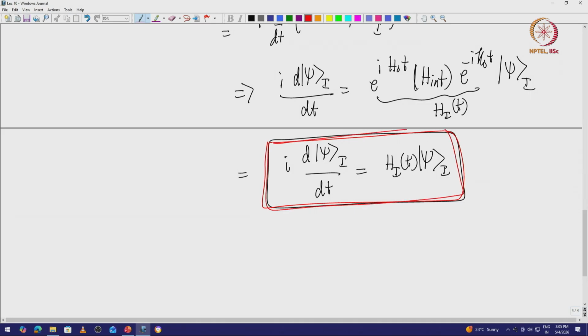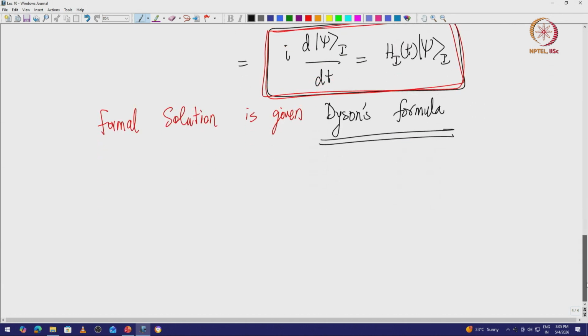You can formally write the solution, and that formal solution is given by Dyson's formula.